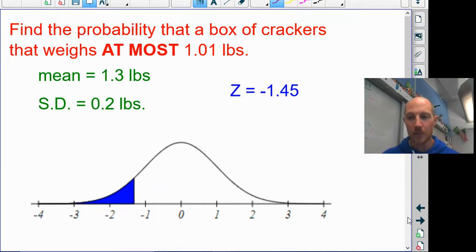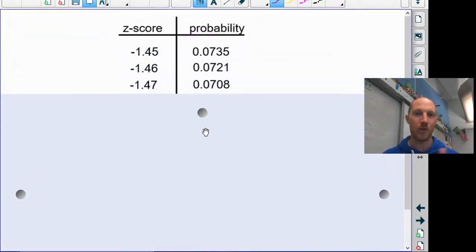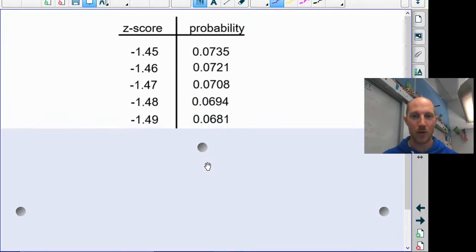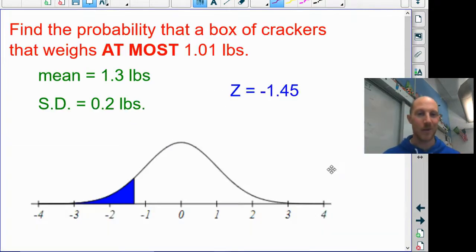So one idea would be we just make a big two-column table, and list every possible z-score and its corresponding probability. And you can imagine it's going to take a lot of space. So that is not the way these tables are organized.